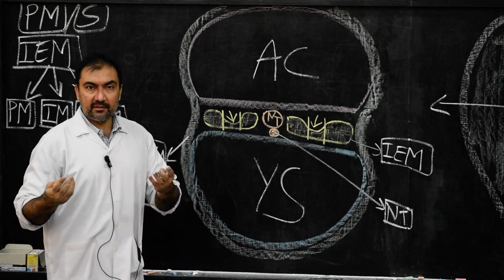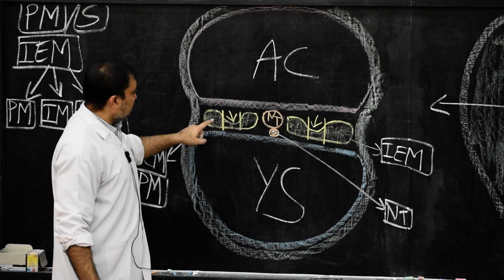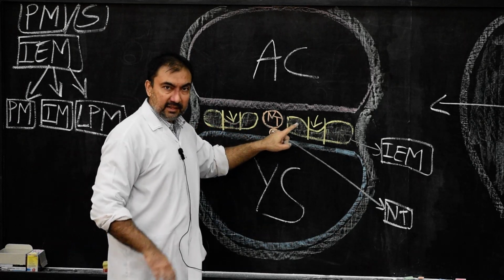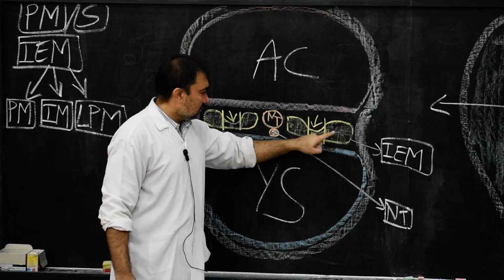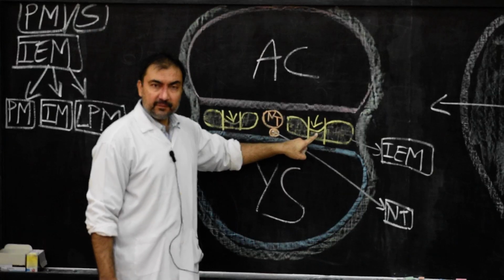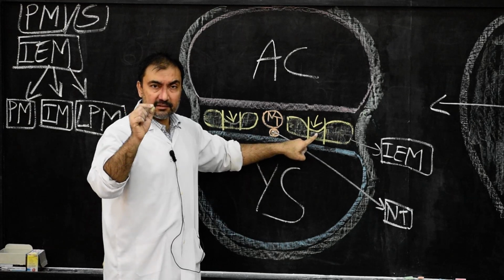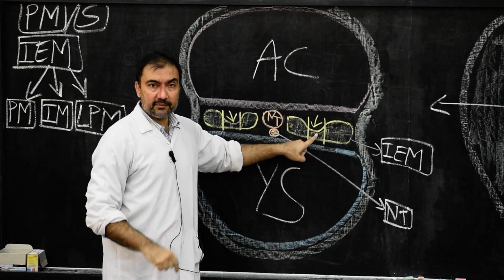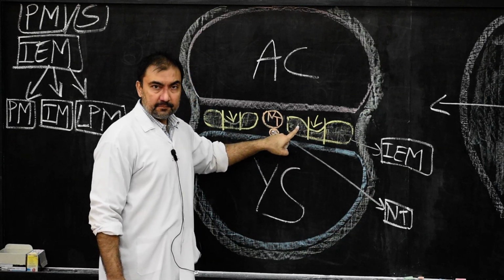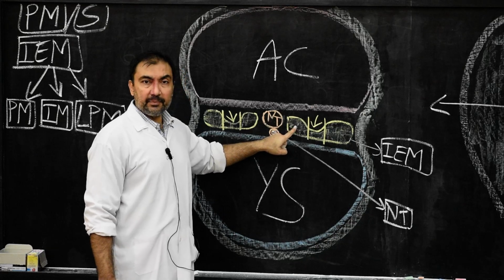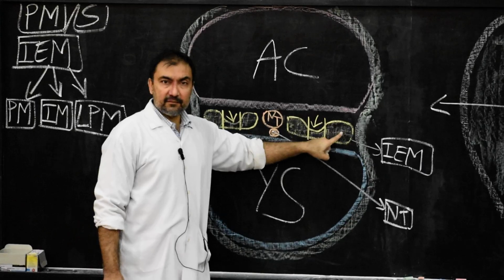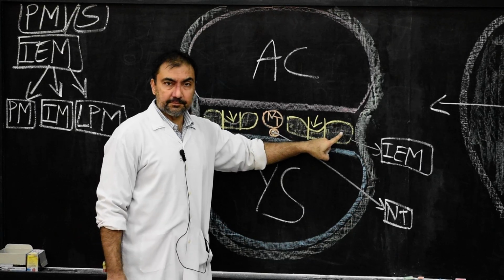Those three zones are 1, 2, 3 on the right and left side both. The portion of intraembryonic mesoderm where my finger is, which is lying in the longitudinal groove, will become intermediate mesoderm. The portion which is lying medially next to the neural tube will become paraxial mesoderm. And the portion which is lying laterally will be converted into lateral plate mesoderm.